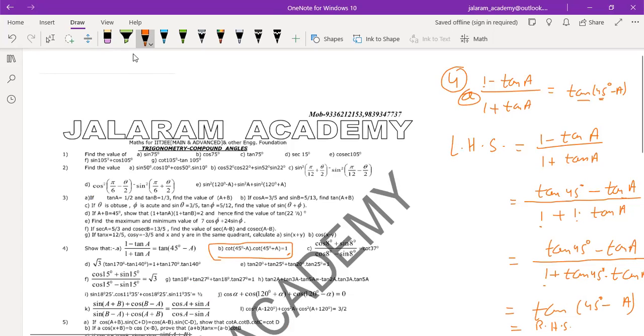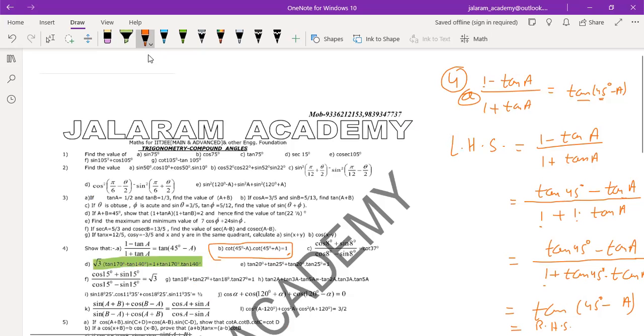Similarly, you can solve the other questions also if you apply the brain. Look at this: root 3 into tan 170 degree minus tan 140 degree. We have to prove it equals 1 plus tan 170 degree into tan 140 degree.